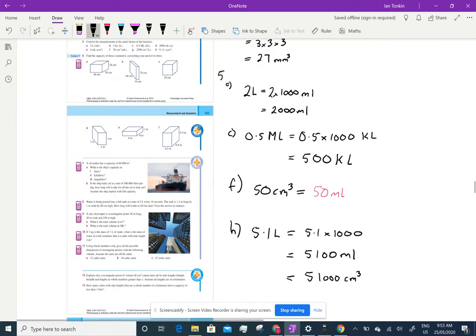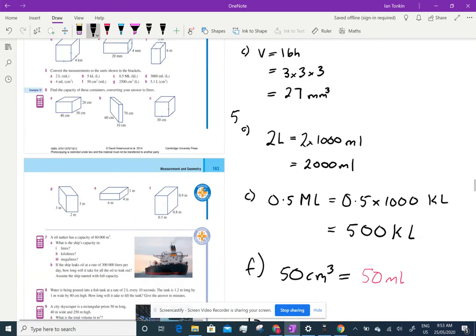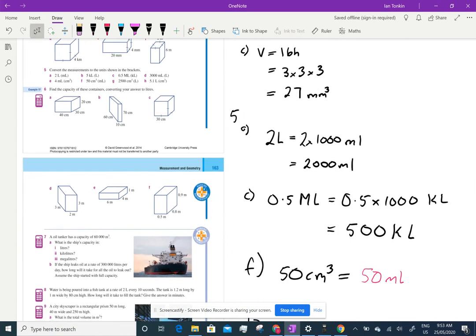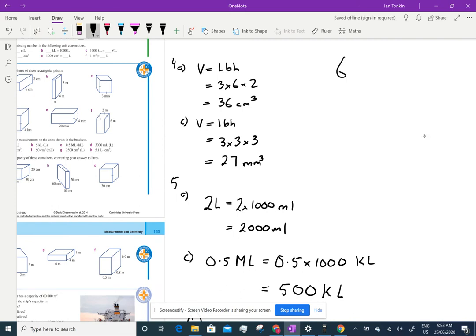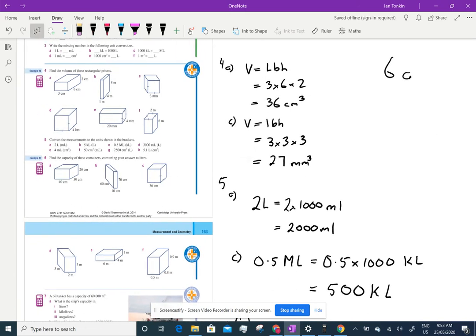Now, I'm only going to do 6. You only have to do A and F. So I'm going to do 1 in centimetres and 1 in metres. So over here, 6. I'm not going to do A because that's for you. I'll do 6B.